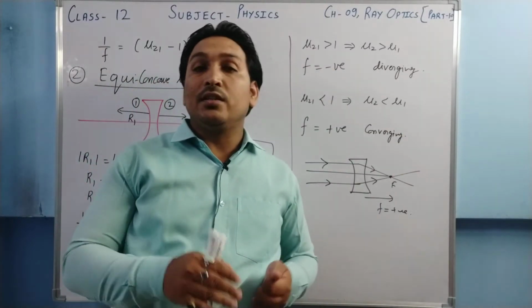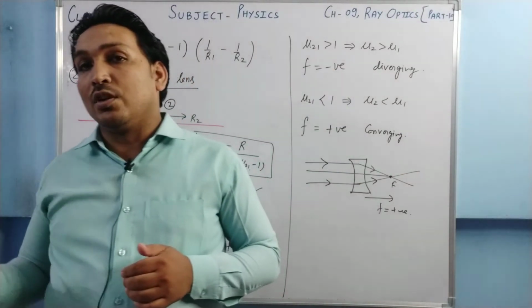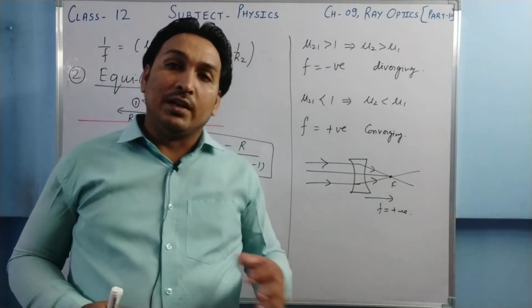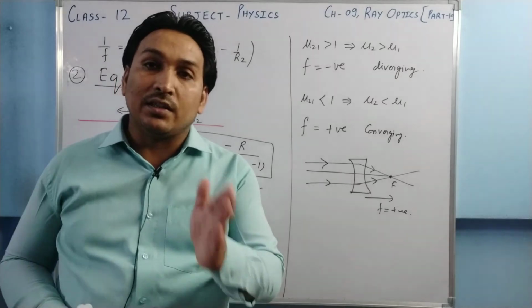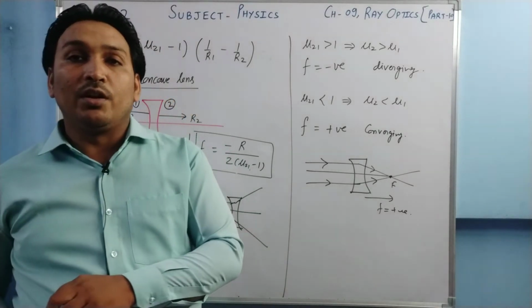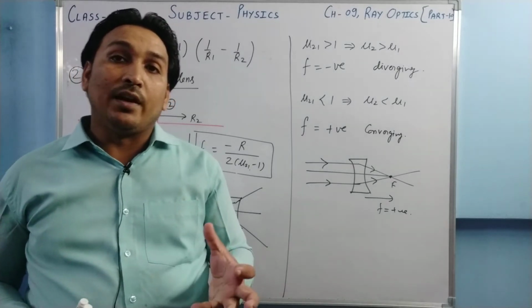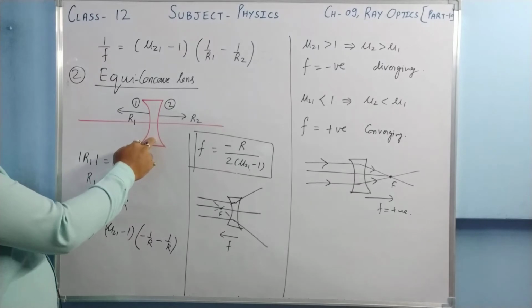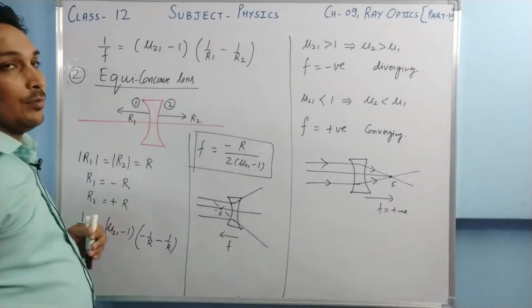But if the lenses are kept in a medium, suppose a liquid which has greater refractive index than the material of the lens, it simply means that the liquid is denser than the material of the lens, and that's why the ray of light, instead of moving from rarer medium to denser medium, will move from denser medium to rarer medium.